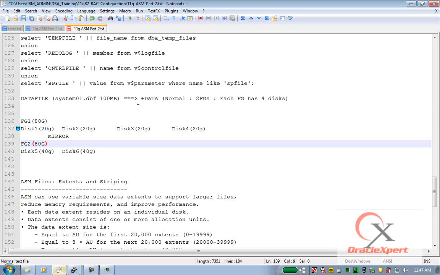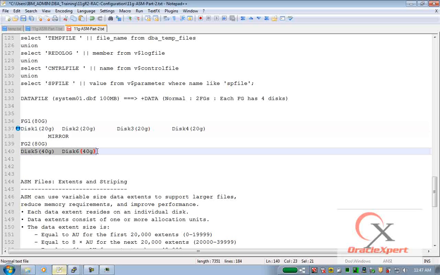Multiple such 1 MB pieces were clubbed together to form a data extent, and each disk would receive a couple of data extents until my entire 100 MB file is equitably distributed amongst all the disks in my primary failure group. I am assuming FG1. Then whatever is written in FG1 would be redundantly written in FG2. Now the problem is I do not have 4 disks.